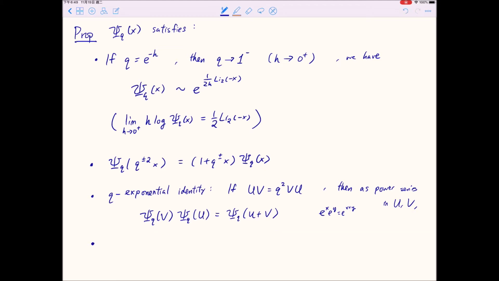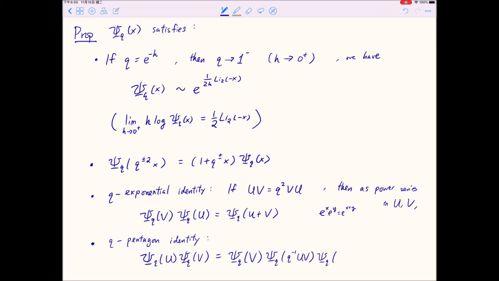And because we are calling this the quantum dilogarithm, then we definitely expect to have a version of the pentagon identity. And the identity looks like the following. So this is again a 5-term relation, but this time written in terms of a product.